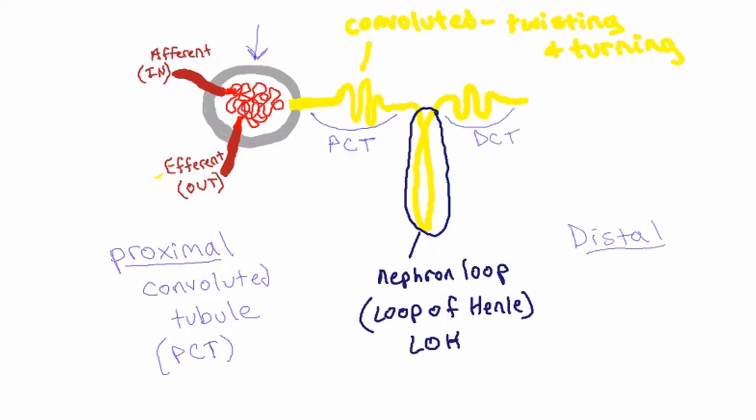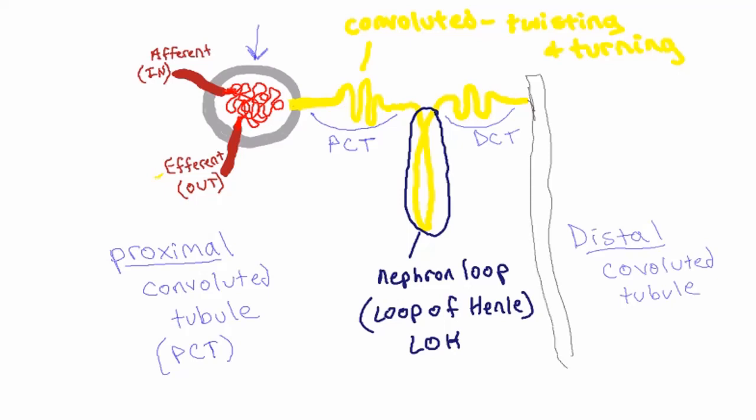It's on the other side of the loop of Henle, so it's distal, it's distant. And then that is going to empty into this duct that goes all the way down through the pyramid and empties out into the minor calyx.